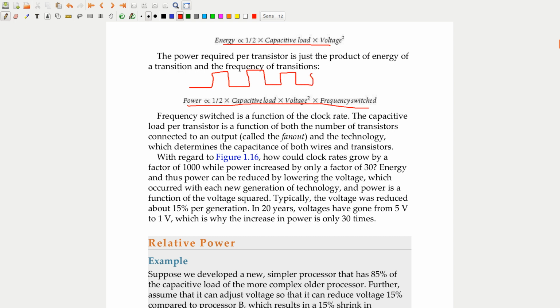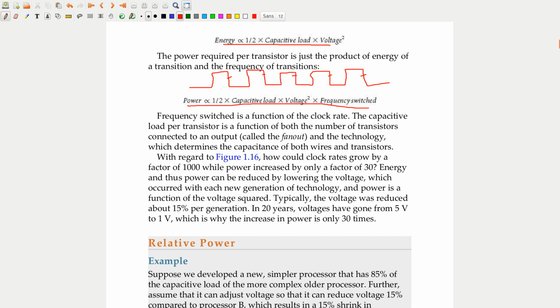In analog electronics, this is not the case. In digital design, everything happens on what's known as an active edge of the clock. That means everything gets triggered by some common clock. So that's why they say the frequency switched is a function of the clock rate, because that's when things are getting updated.